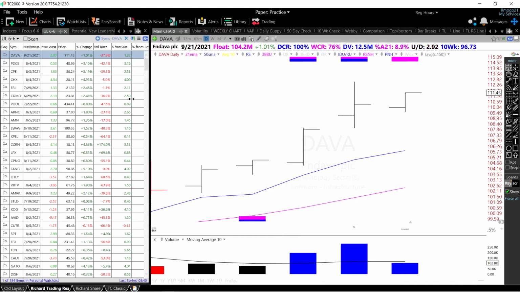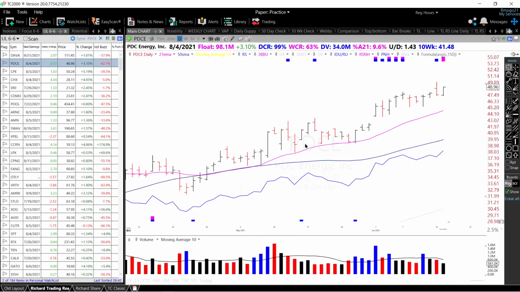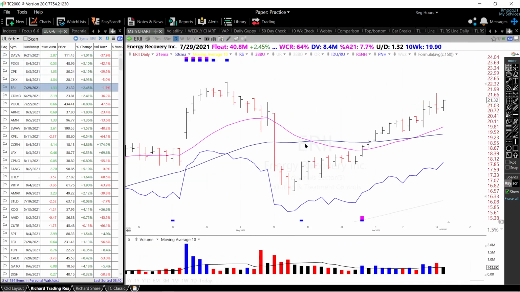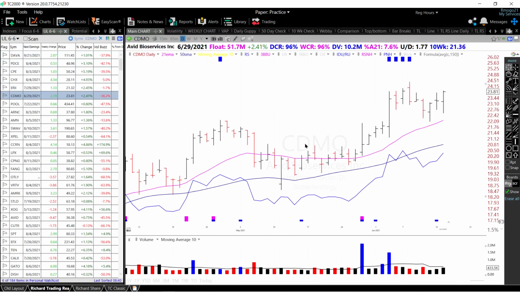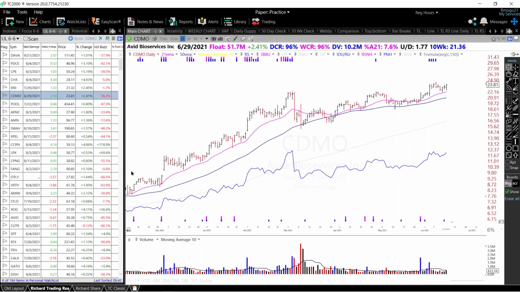And if you go through these charts, you can see very strong closes right near the highs. Simply put, they're outperforming the Qs on this day. So if on a day the closing range of a particular stock is better than the Qs, that's pretty much the definition of outperformance on that day.